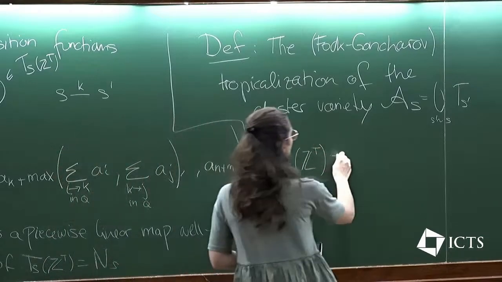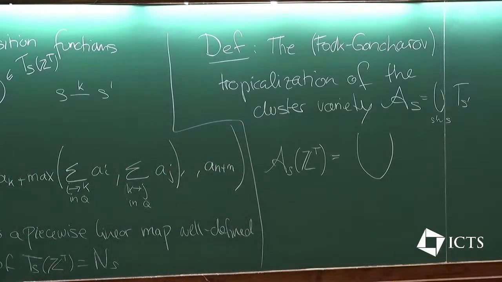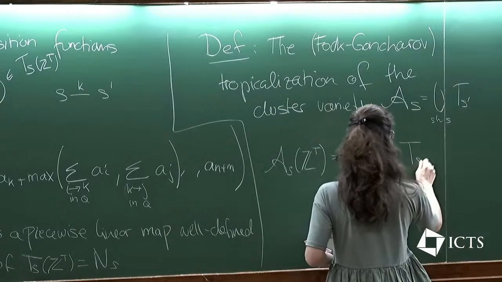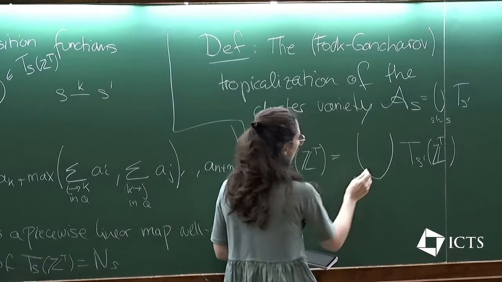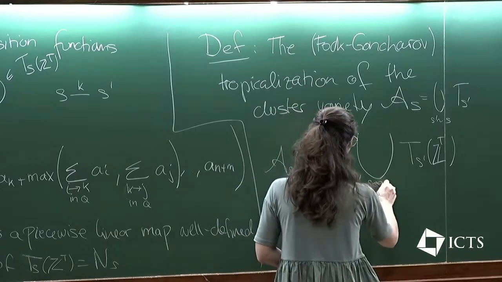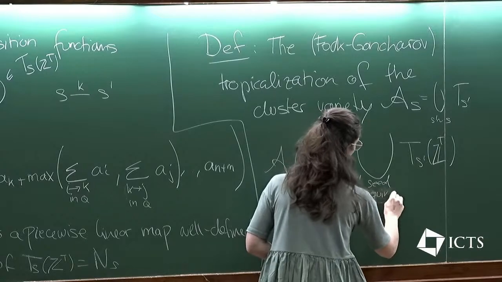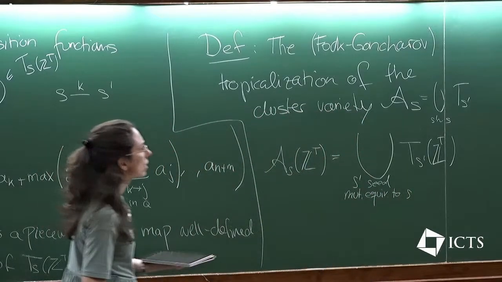So this is now the union over my tropical seed tori, so just several copies of the lattice, how you can think of it. One such copy for every seed S' that is mutation equivalent to S, so I can obtain it from some finite sequence of mutations.